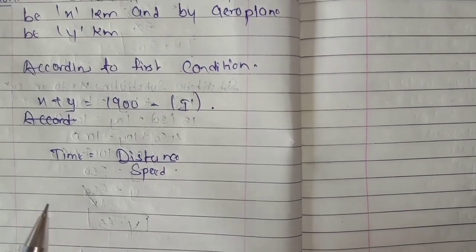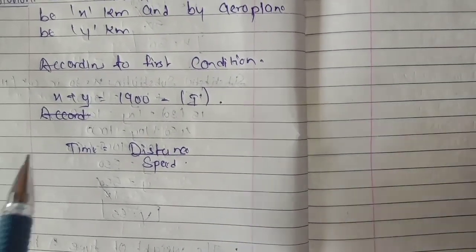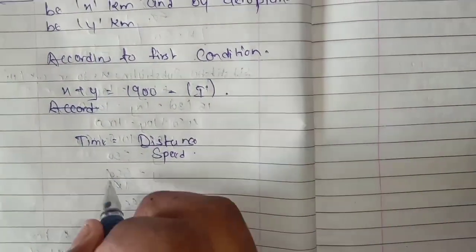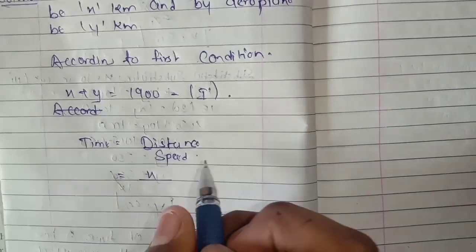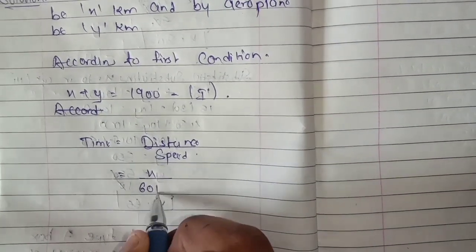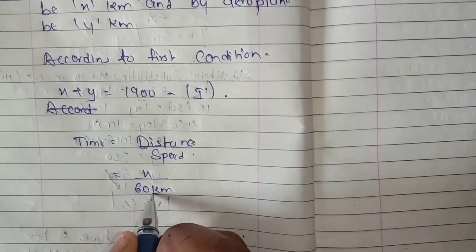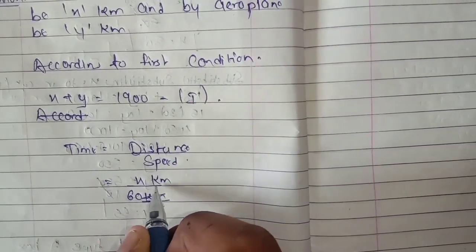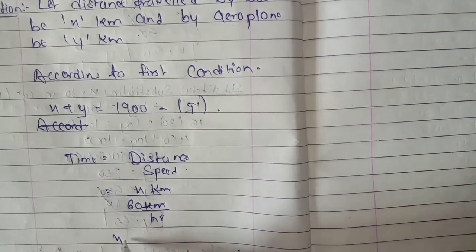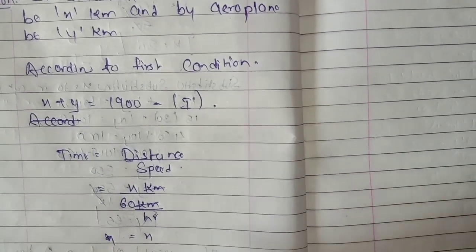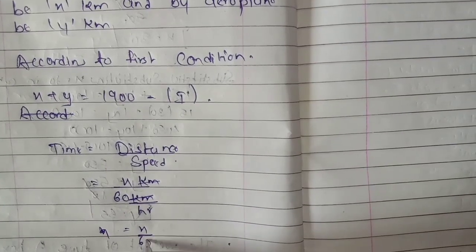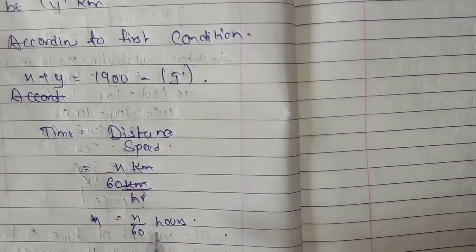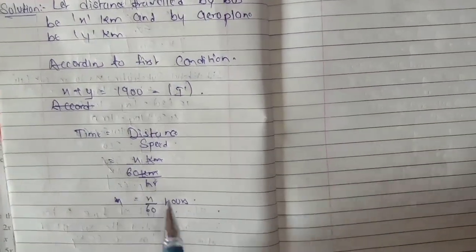So we have to convert all the values into speed and time. We assume the distance traveled by bus as x, and the speed is 60 kilometers per hour. This kilometer gets cancelled, and we get time as x upon 60 hours. So we shall travel x upon 60 hours by bus.